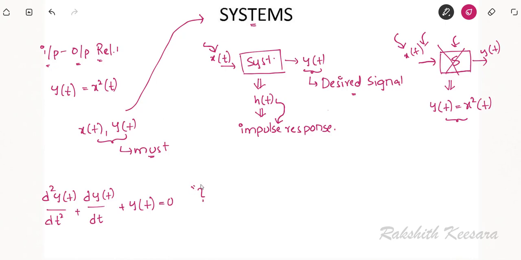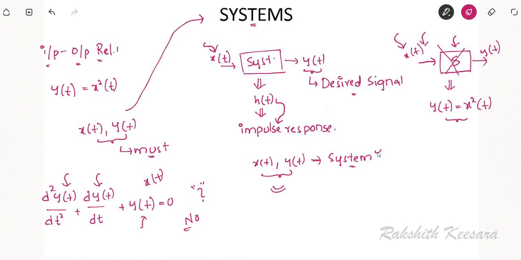Is this a system? The answer is no. Why? Because there is no input here. Only output term is present. That's why this is not a system. So from here, both input and output should be present. Then only the equation is called as system.